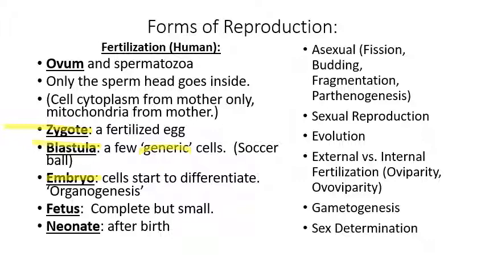So the process of going from a blastula where all the cells are the same to an embryo where the cells are different is called embryogenesis. And organogenesis takes place during that period, which is typically the first 2 months. The first 2 months of development, you have organogenesis taking place, which means the organs are developing.